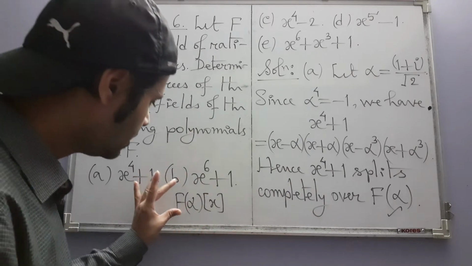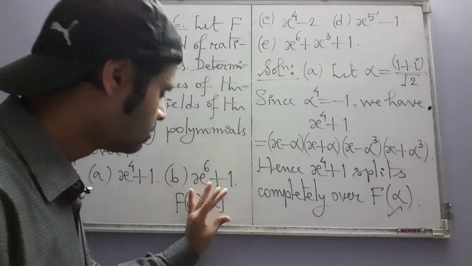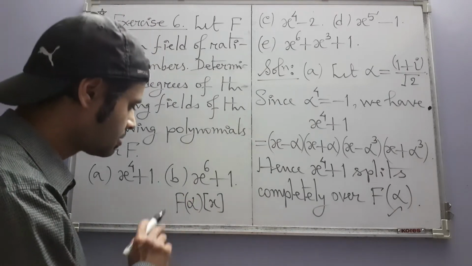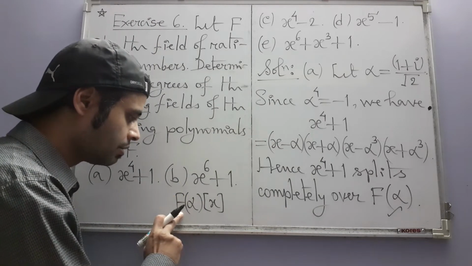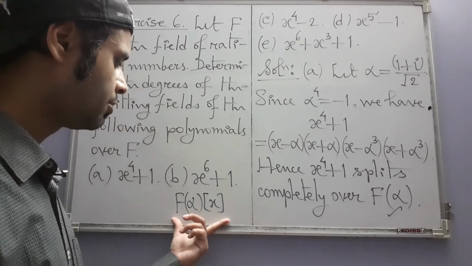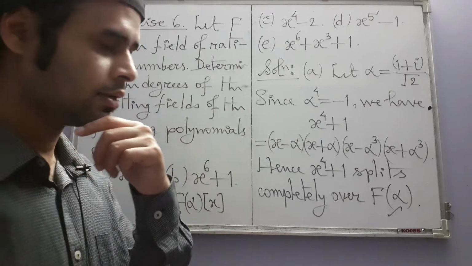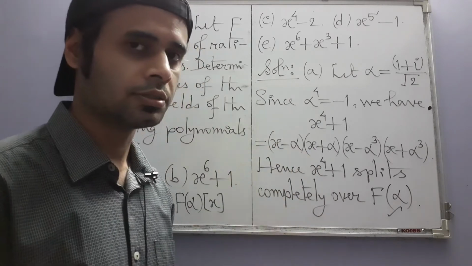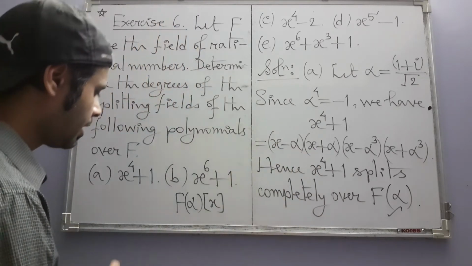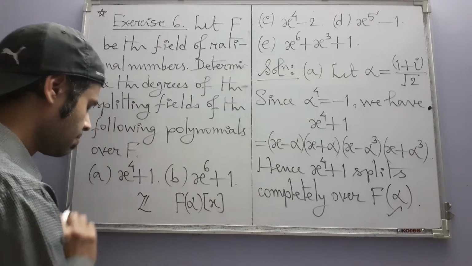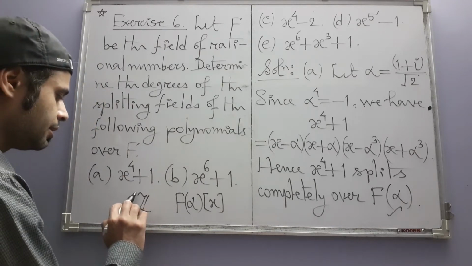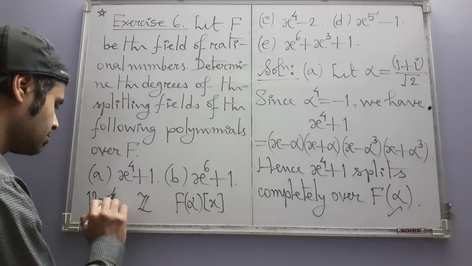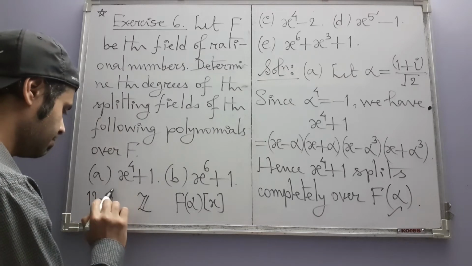Because F(alpha) is a field, F(alpha)[x], this polynomial ring, is a Euclidean ring, and in that Euclidean ring this is a prime factorization, just like you have in the Euclidean ring of integers the prime factorization of 12, say.